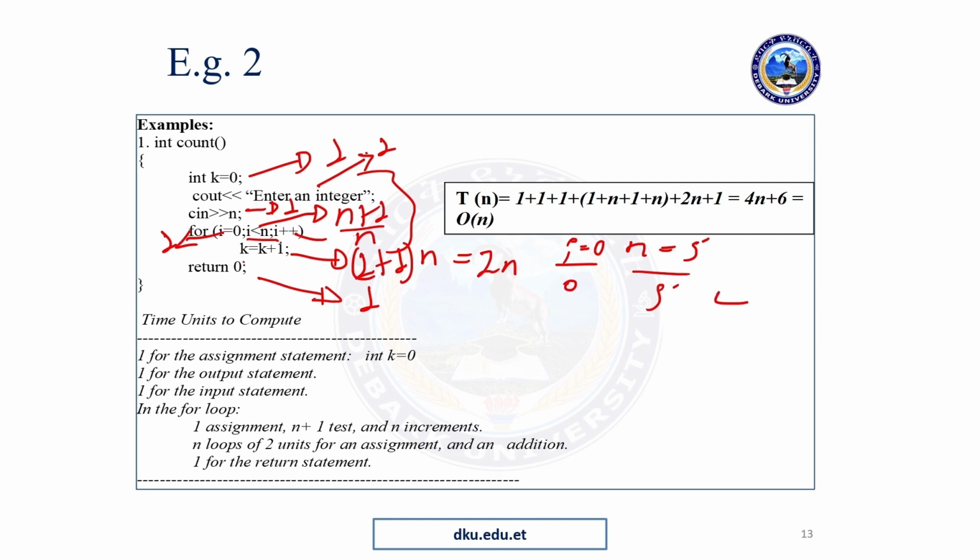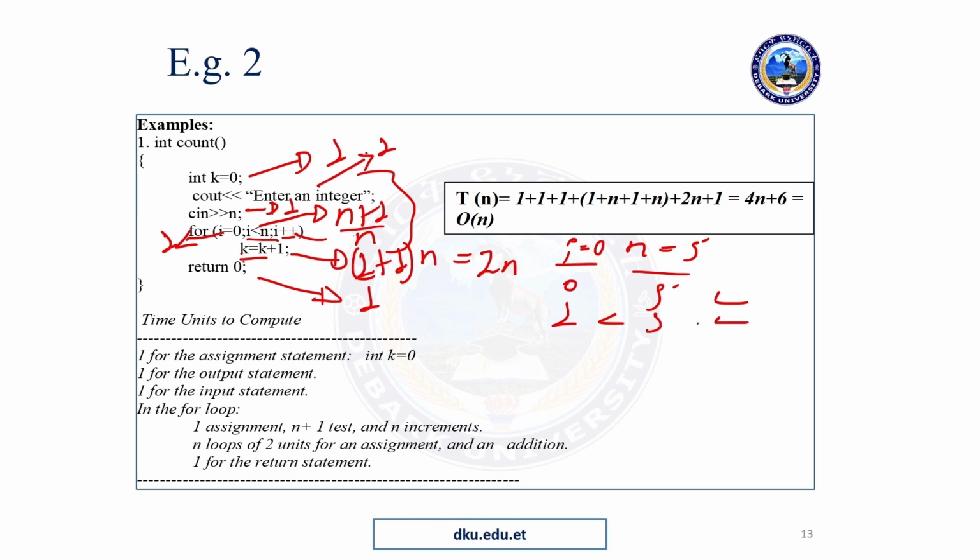And after that, this statement will be executed. Then this increment operation is also executed. After that, it goes to the condition to check whether the value of I is less than 5 or not. After that, the value of I is 1 because it was incremented by 1. So it will be compared with n, and I is less than n, which is 5.